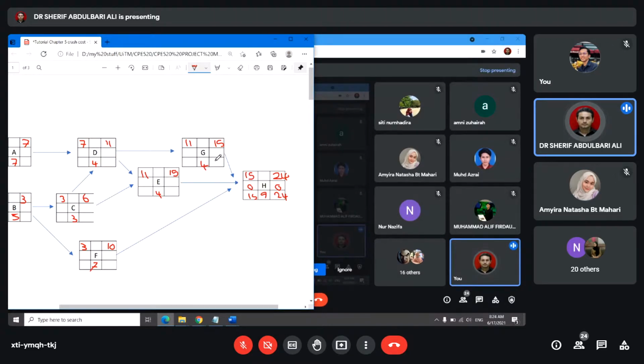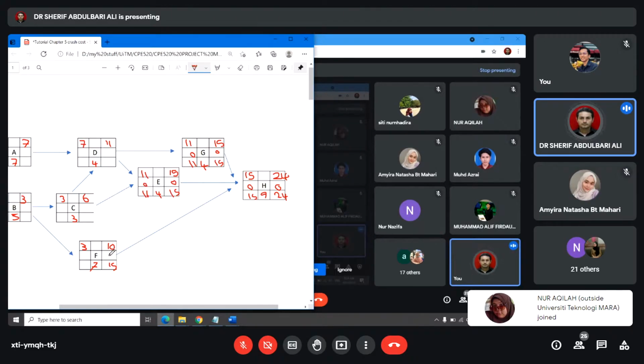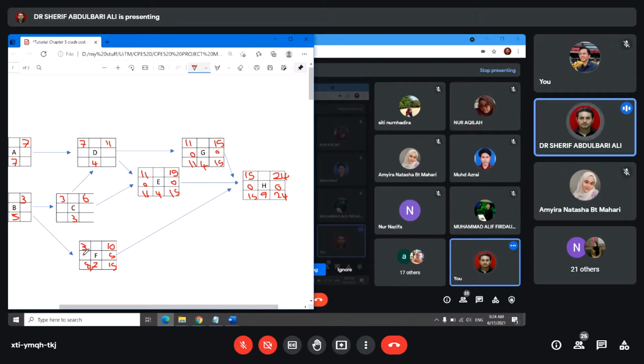So here is 15, 15, 15. So this one is 0. So here's 11. 0, 0, 11, and 0. This one, the difference is 5 days slack.